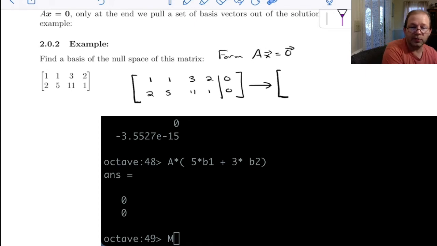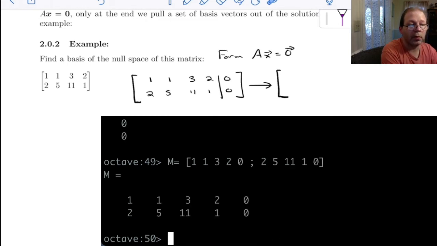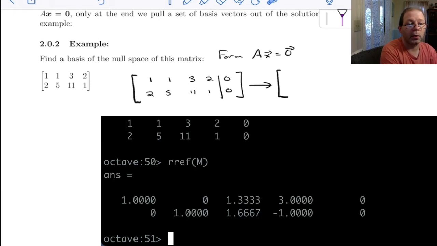Let's see, m is 1, 1, 3, 2, 0. And 2, 5, 11, 1, 0. All right, when I row reduce it, I get some fractions.